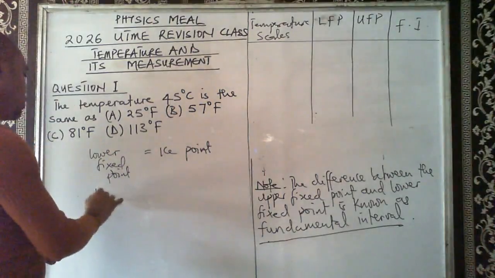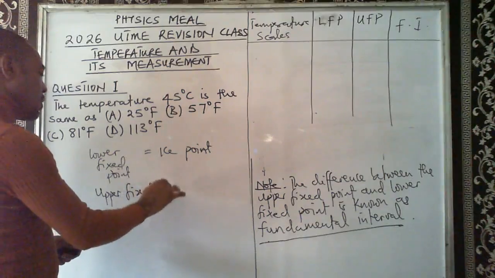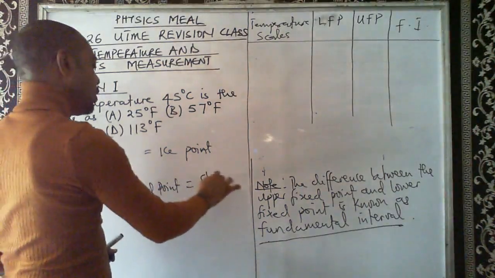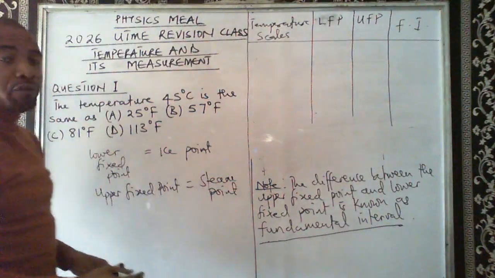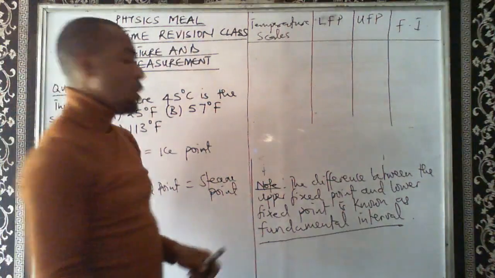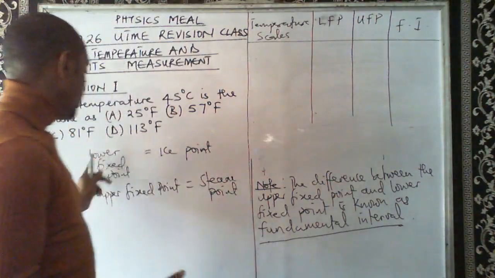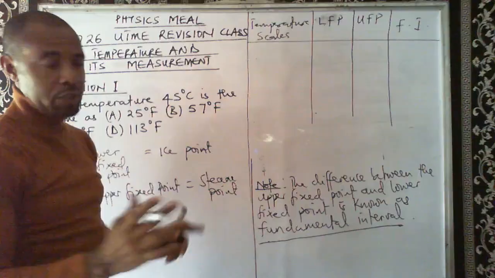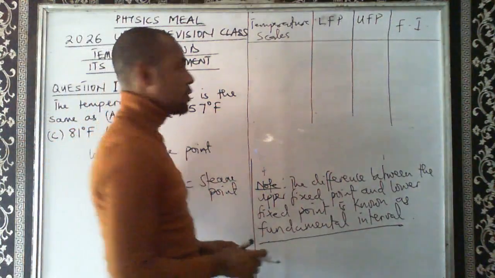Then the upper fixed point we also call the steam point. Whenever you hear steam point, it's talking about the upper fixed point or boiling point. And when you hear ice point, it's talking about the lower fixed point. Take note of that, because it will be very vital when we start looking at different types of thermometer.